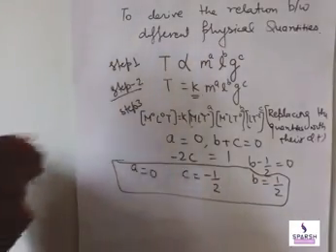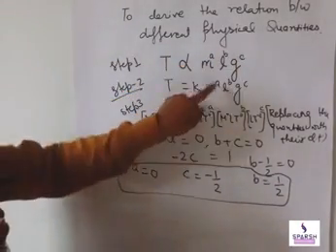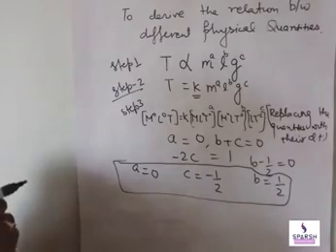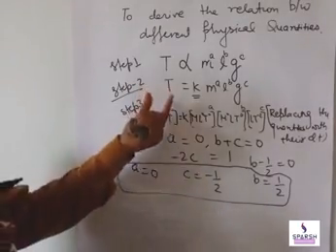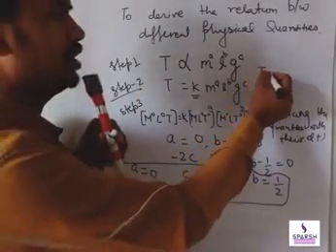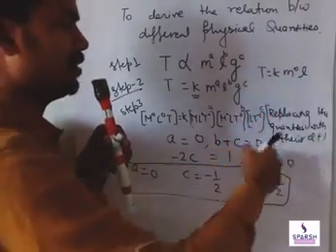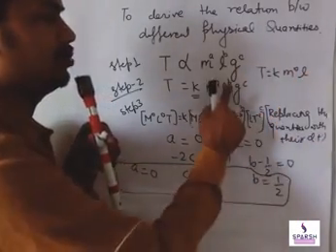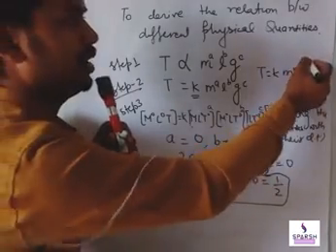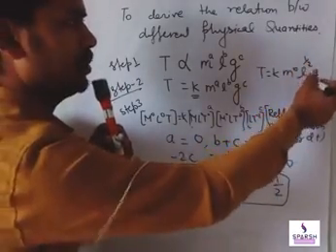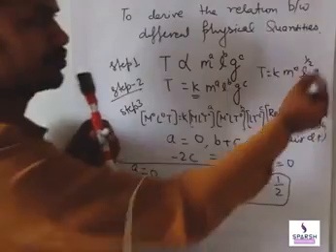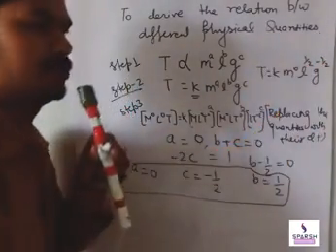We have solved for a, b and c. So we will put the values of a, b and c here. T is equal to k M to the power 0, L to the power 1 by 2 and g to the power minus 1 by 2.